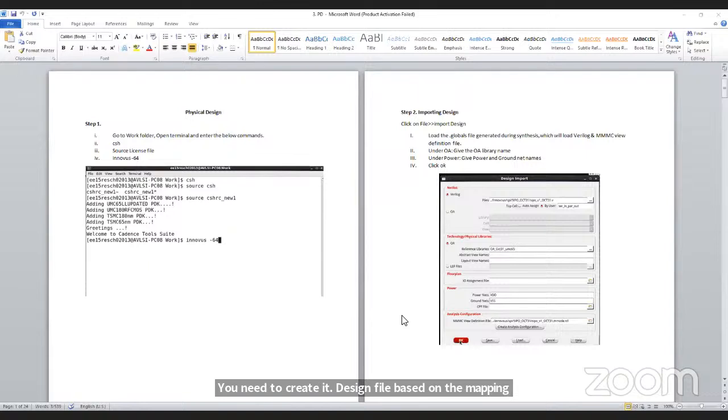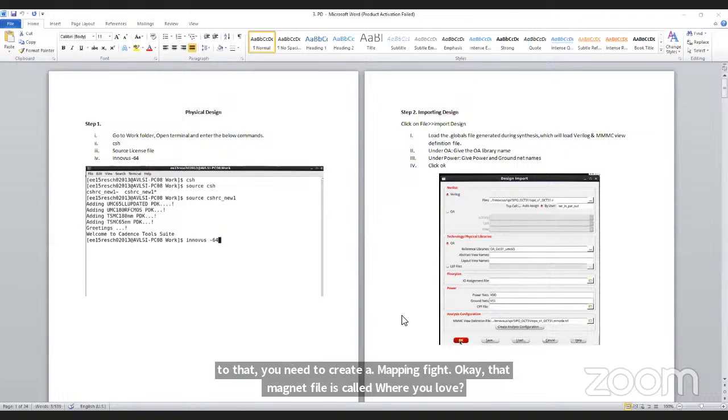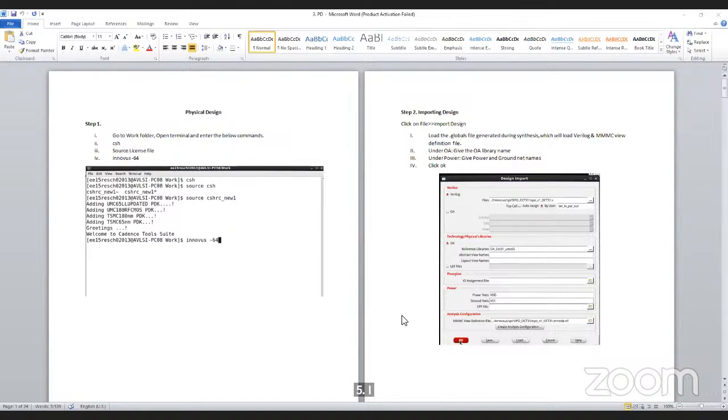To that you need to create a mapping file, which is called a Verilog file, and you need to write your Verilog code. If you right click and create a new file, it will create a testbench file.